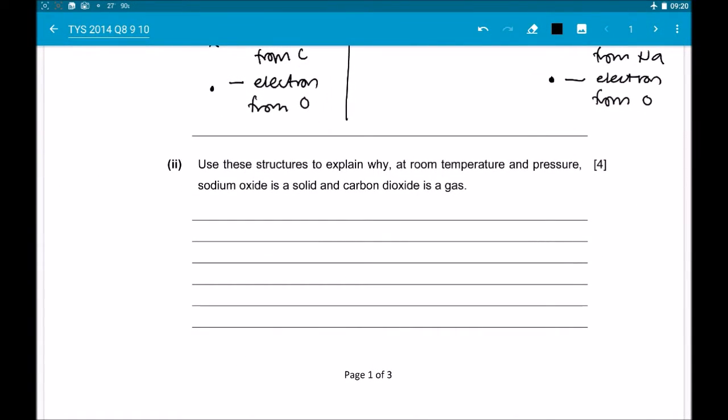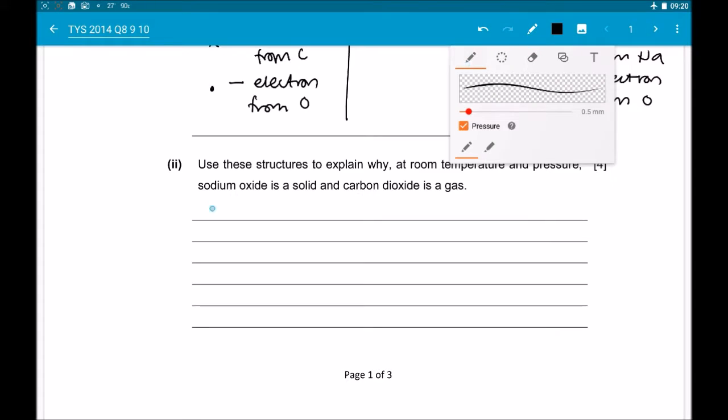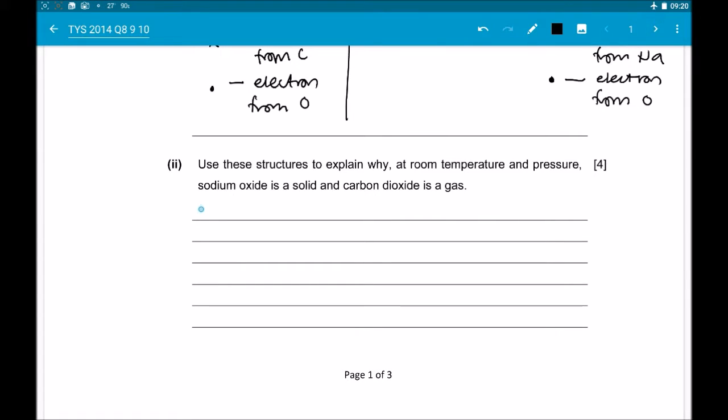Moving on to B part 2, use these structures to explain why, at room temperature and pressure, sodium oxide is a solid and carbon dioxide is a gas. As you can see from the above structures, carbon dioxide has a simple molecular structure, while sodium oxide has an ionic lattice structure.